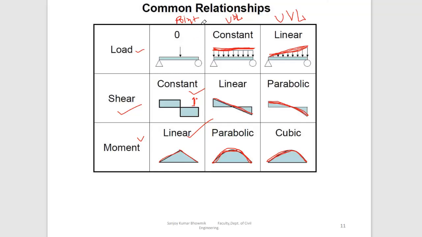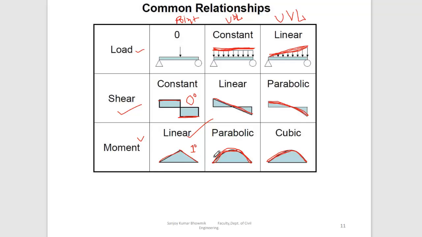In case of the degree equation, if you consider the point load, no line is generated here, right? So no question about the line of action degree. But in case of shear it would be 0 degree line. I hope you know what a 0 degree line is from numerical analysis, which is a straight line, right? So the line is 0 degree for shear, and in the moment it would be first degree.